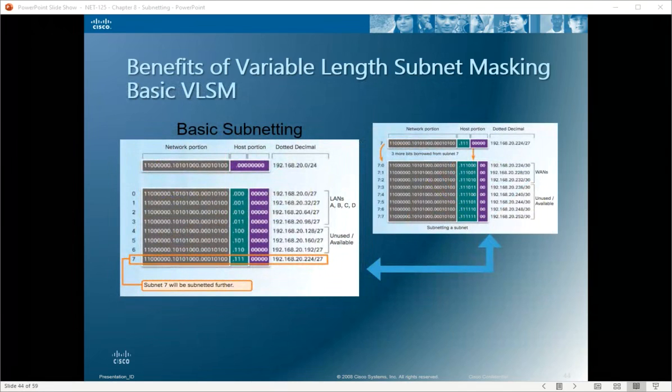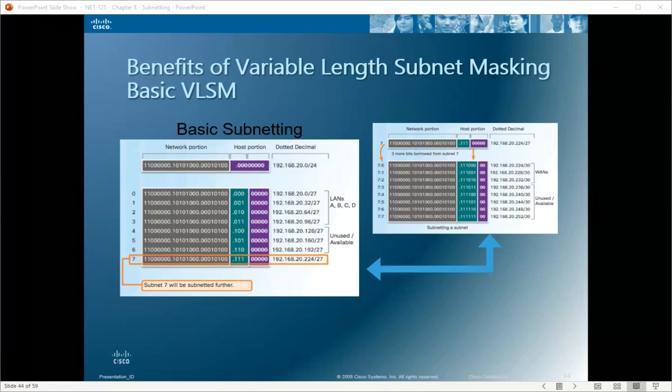So here we have subnet 7, and we're going to break that into smaller pieces. So we're going to take the /27 that was there, and we're going to convert that subsection of it to a /30. So we're going to have the same network, but using 2 different subnet masks.